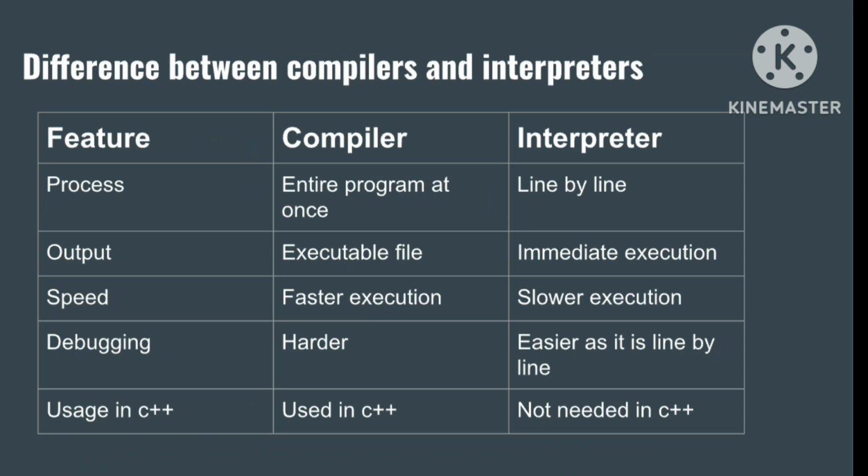Debugging in a compiler is harder because it keeps the whole program at once and we have to find where the errors have occurred. But with an interpreter it is easy because it is line by line. If there is any problem in any line, until we correct the problem, it does not move to the next line. Then usage: a compiler is used in C++, but an interpreter is not used in C++. It is used in some other languages.